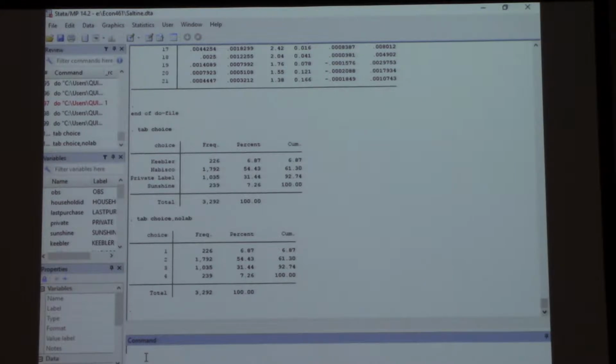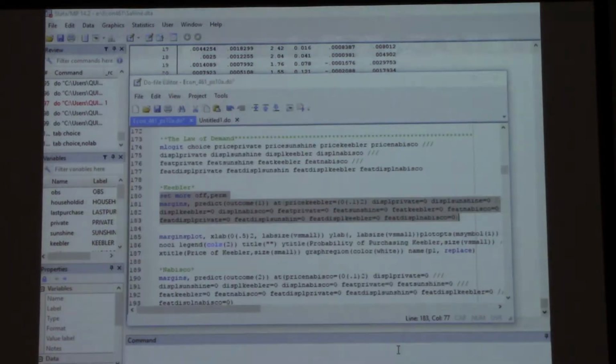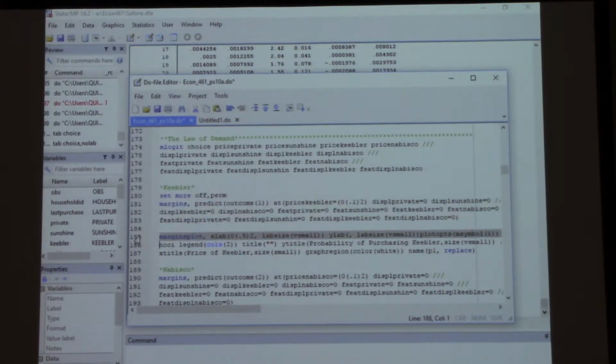So outcome 1 is going to be Keebler, outcome 2 is Nabisco, outcome 3 is private label, outcome 4 is Sunshine. If we're looking at the own price effects, you want to run them across their own price. So for outcome 1, which is Keebler, I run it across Keebler. And we should get a nice downward sloping demand curve.